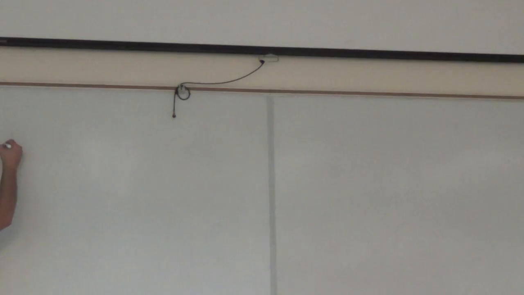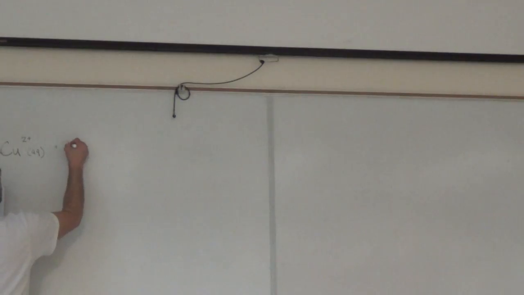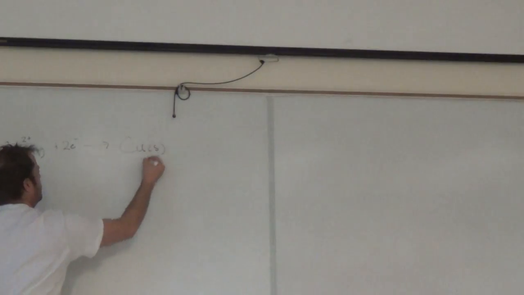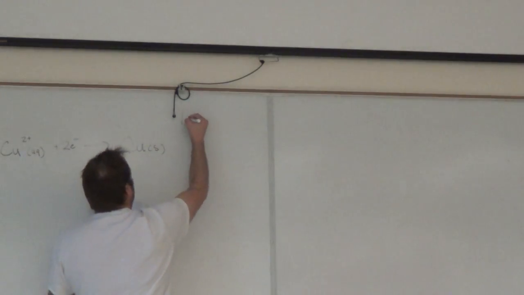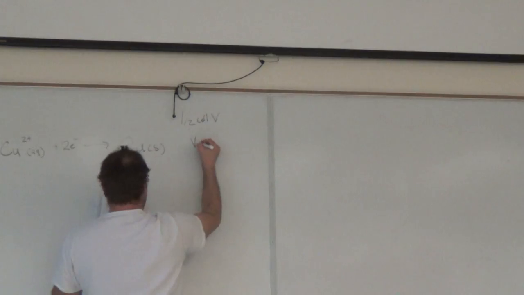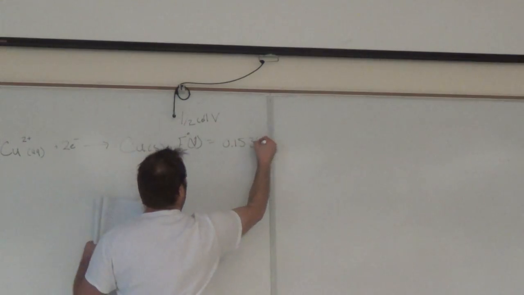So for instance, you can look up the redox half reaction for the reduction of copper, aqueous, and it's going to look like this: Cu2+ plus 2e- goes to Cu solid, and you're going to get a half cell potential, E naught, in volts, equal to 0.153 volts for copper.